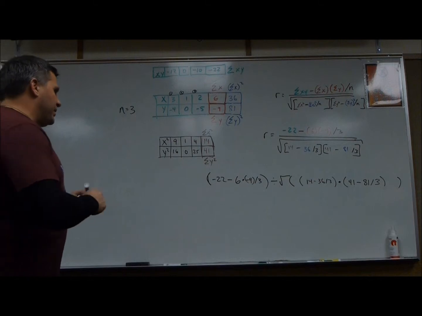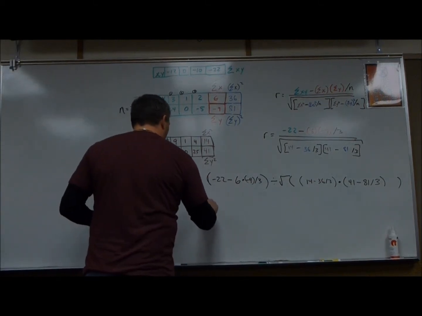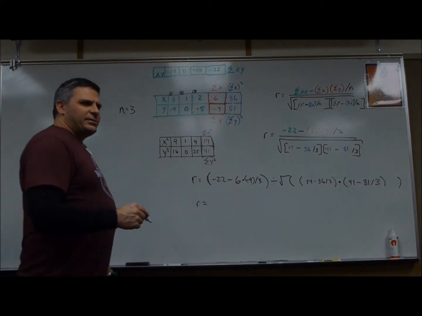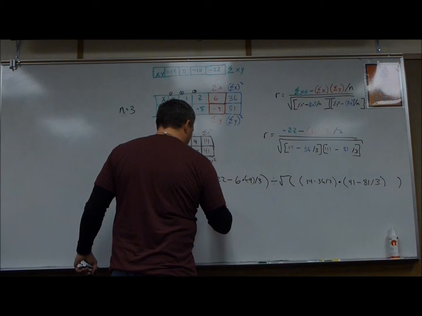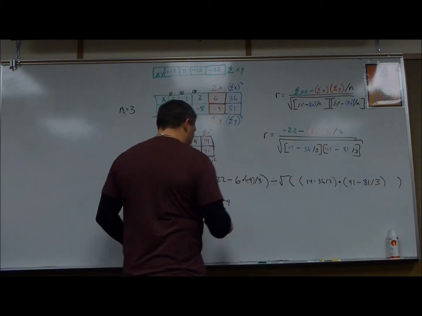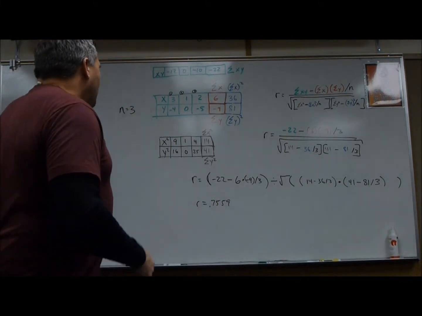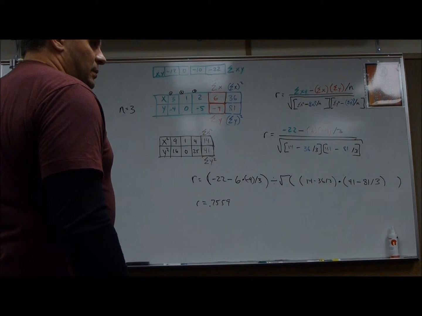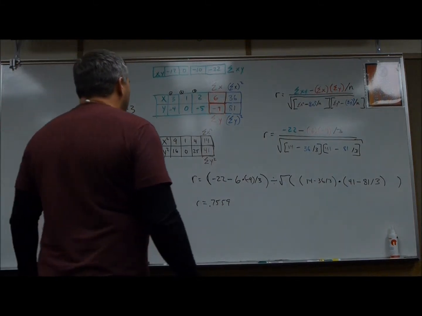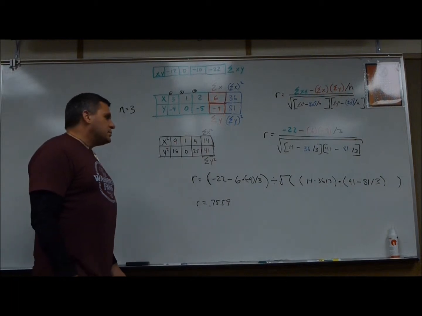If you plug it into your calculator just like that, you will get an R value of 0.7559. Okay? So type it in. And that is how we do the linear regression.